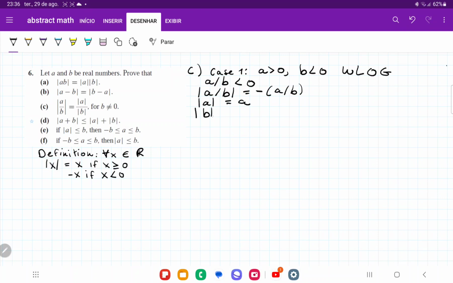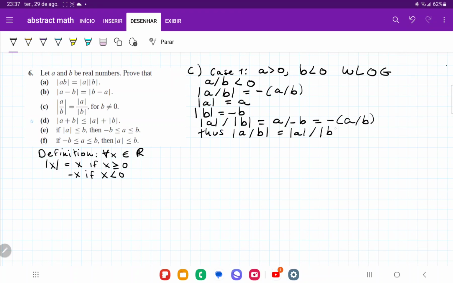The absolute value of B is minus B. And so the absolute value of A divided by the absolute value of B is going to be equal to A divided by minus B, which is the same thing as minus A over B. And so we've shown that both of these are equal to the same thing. And so thus, the absolute value of A divided by B is equal to the absolute value of A divided by the absolute value of B. So that was case 1.